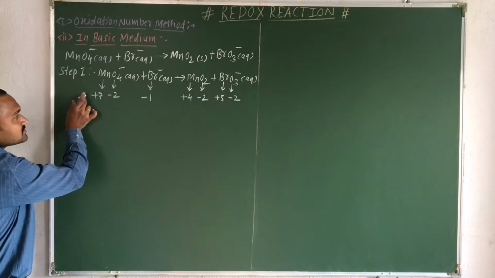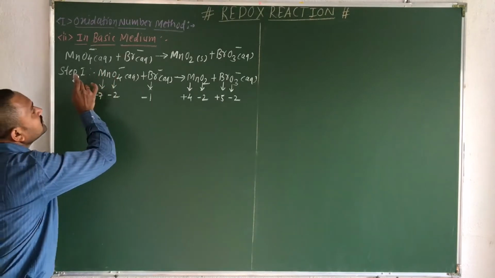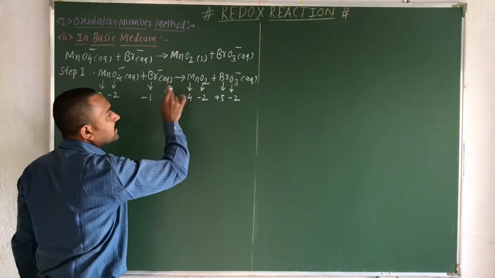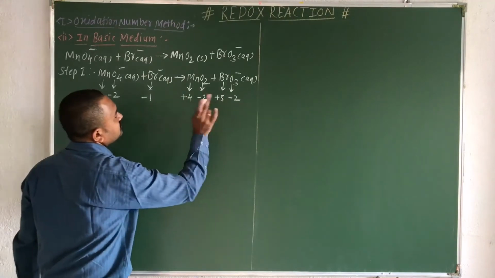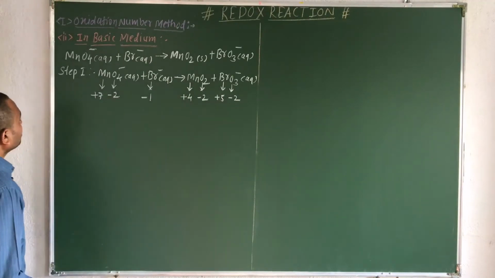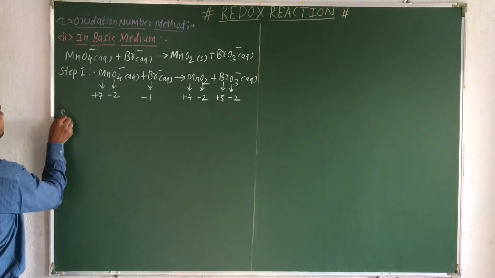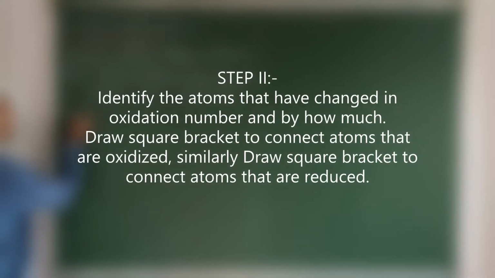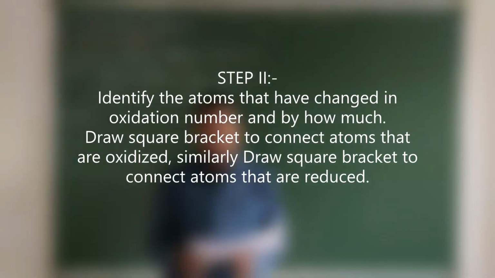So in step one we simply balance the other atoms except hydrogen and oxygen and assign the oxidation numbers. Now step number two: find the atoms that have changed oxidation number and by how much. Draw a bracket to connect the atoms of the element that are oxidized.